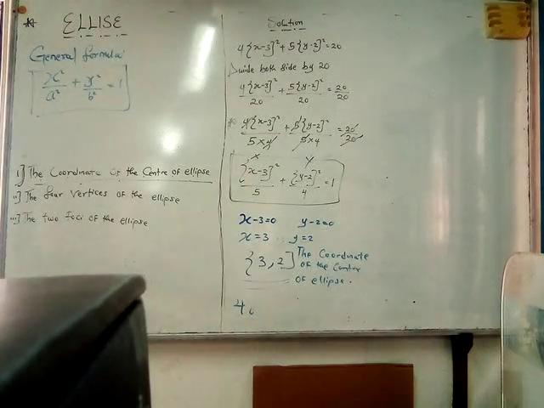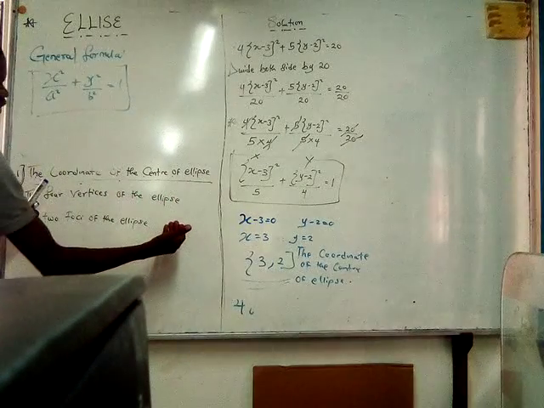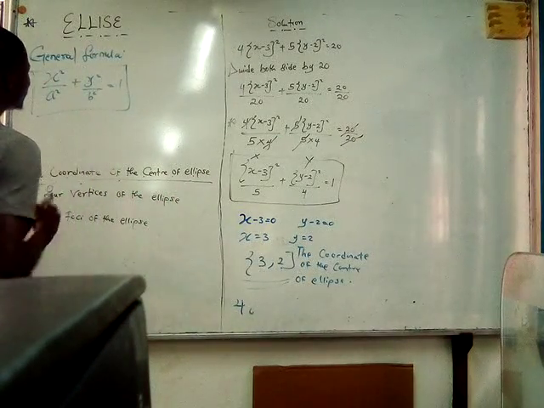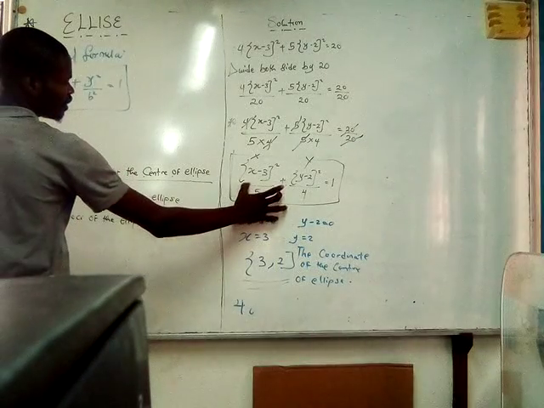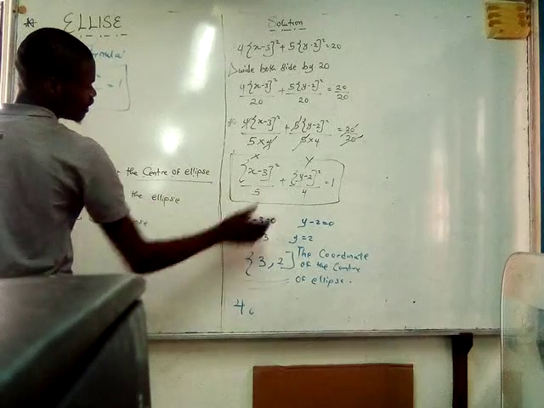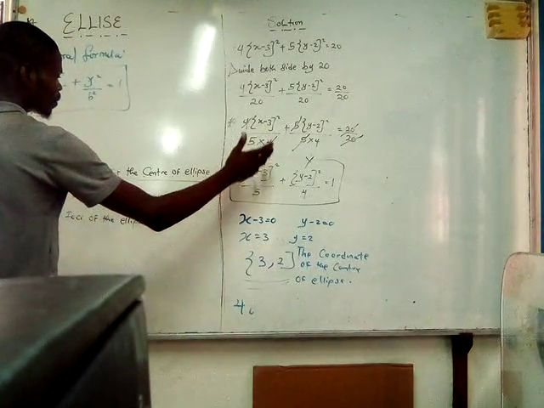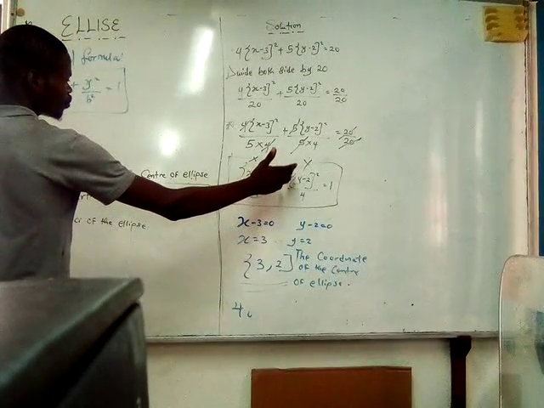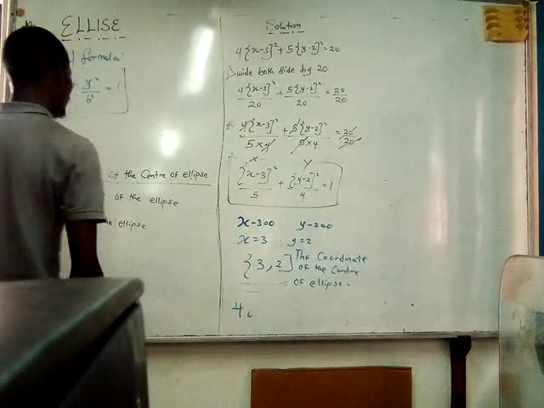In this question, using the completing the square method we did here, we have (x minus 3) raised to power 2 over 5, plus (y minus 2) raised to power 2 over 4, equals 1.